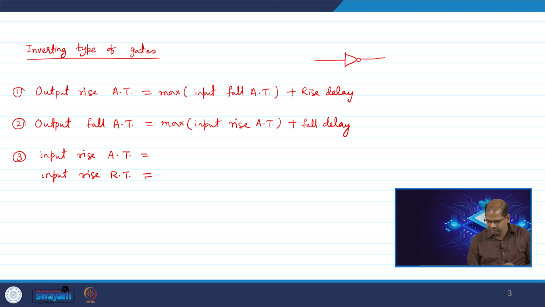Input rise required time is basically the minimum of output fall required time minus fall delay.